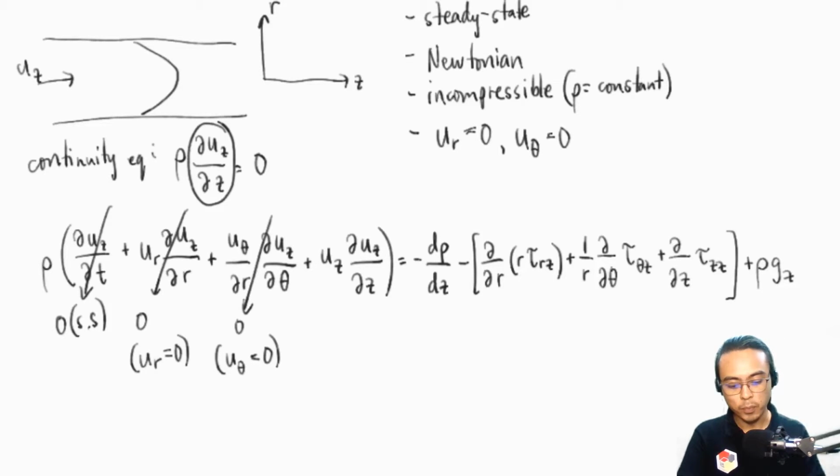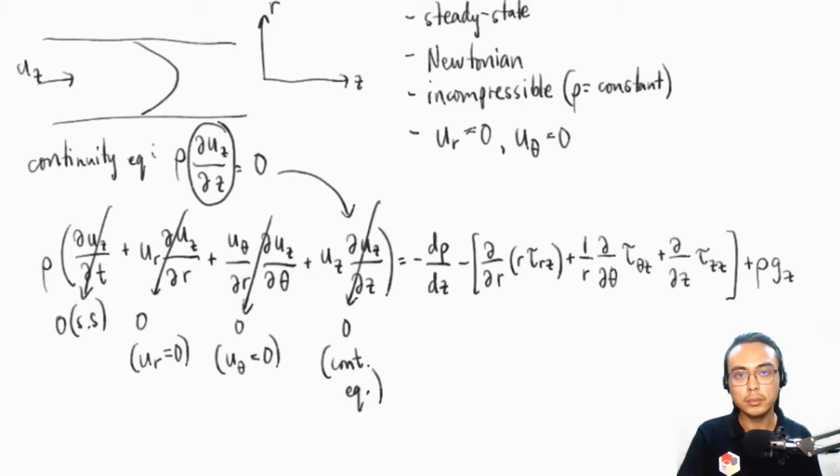That means that this term is also equal to 0. The reason? Because of the continuity equation. Okay? So the last term here is not 0 because u sub z is equal to 0. In fact, u sub z should not be equal to 0. That's why it became 0 because of the continuity equation.